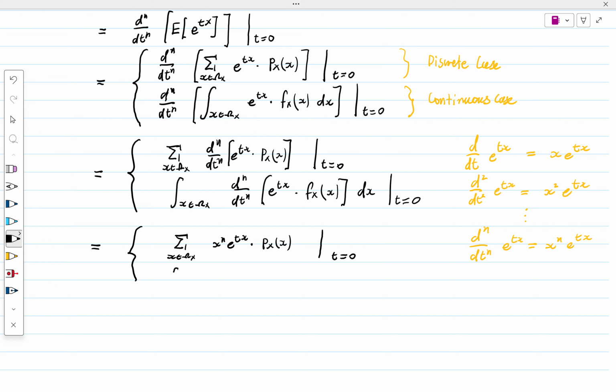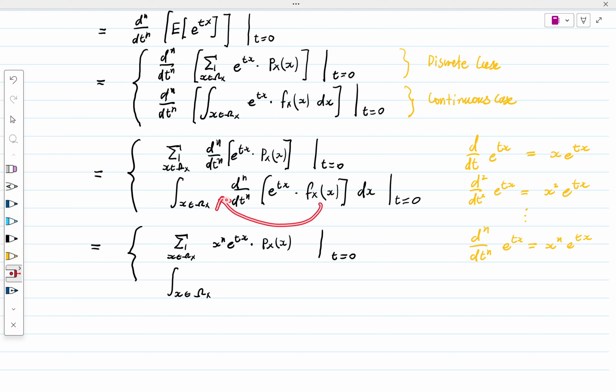The second component is the integral over x in omega, and again, f_X of x, the probability density function, is independent of the variable we're differentiating by.